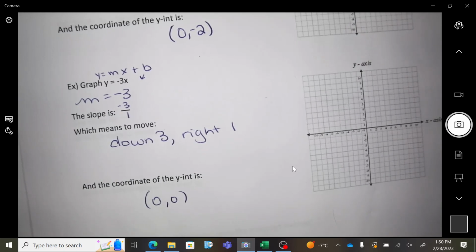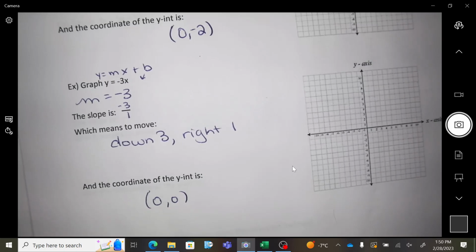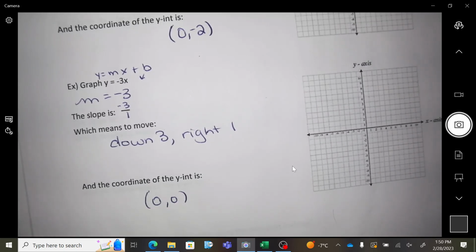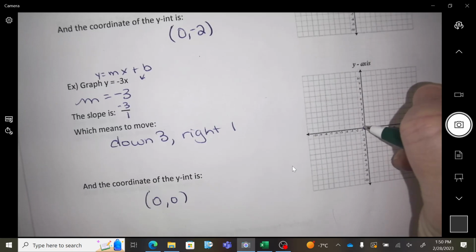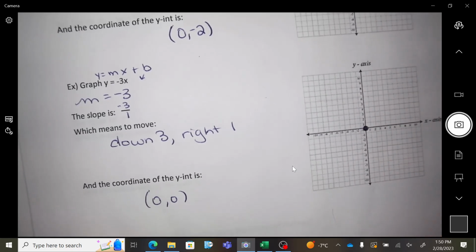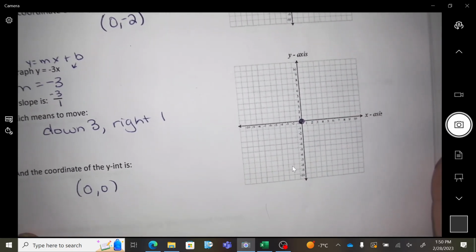No, there's no number that is adding there. So then it's 0. I'm not going to write plus 0 on something, right? Okay, so we are just at the origin as a point.